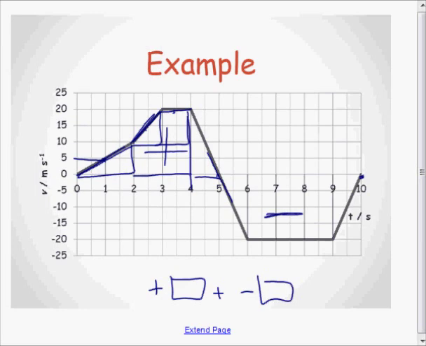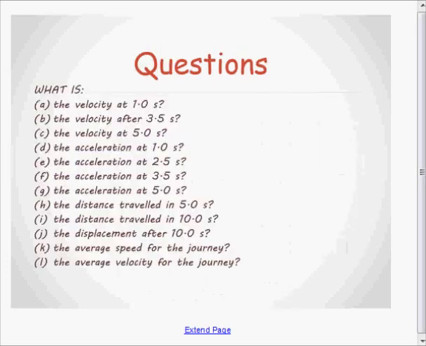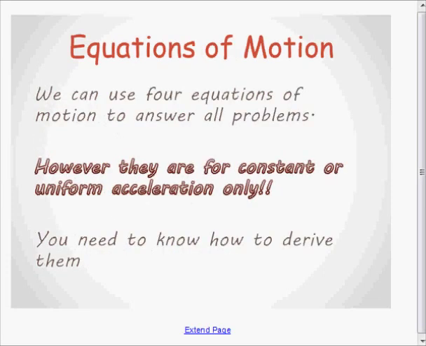The difference between these two areas, the one at the top there and the area at the bottom, will give you your displacement. The average speed is your distance over time, and the average velocity is the displacement over time. So it's quite interesting, you could have an average velocity of 0 for this one as well.